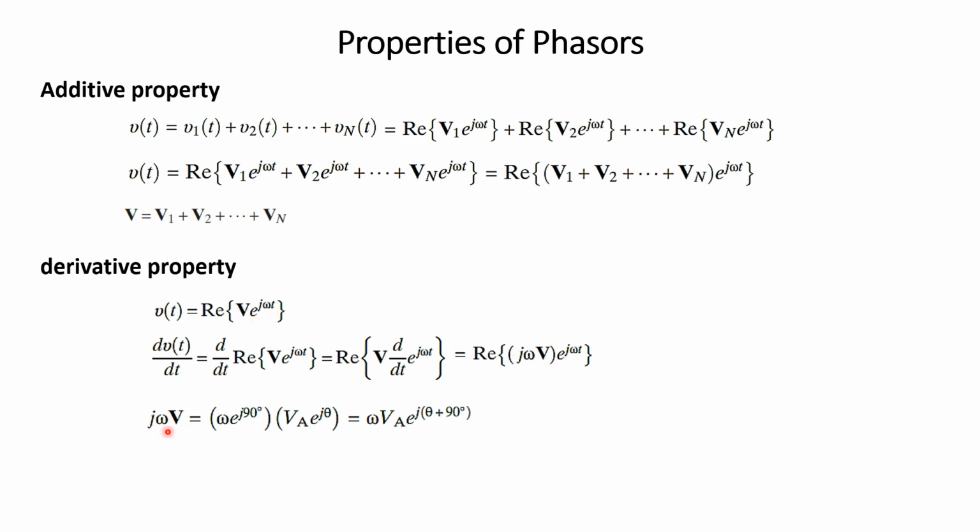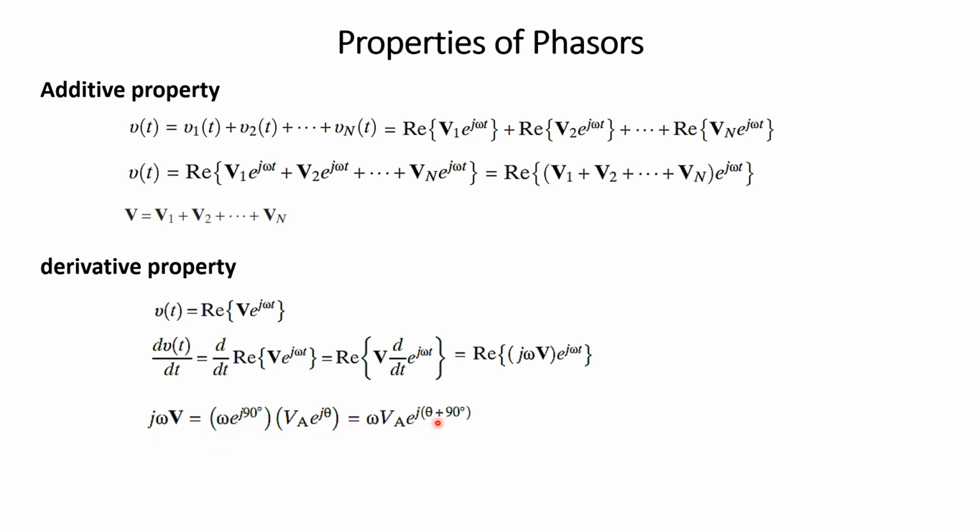Now omega, so what is j? j can be represented as e^(j90). Expand it, e^(j90) in rectangular form. It is cosine 90 plus j sine 90. Cosine 90 is 0 and sine 90 is 1. Therefore, e^(j90) is equal to j.